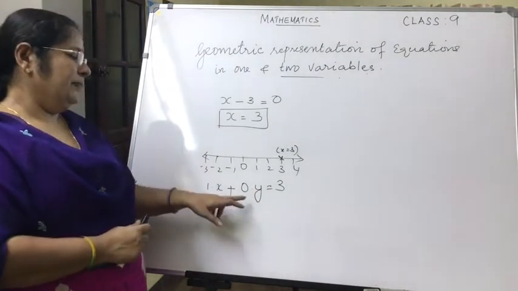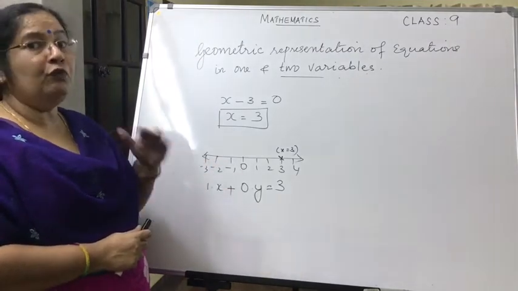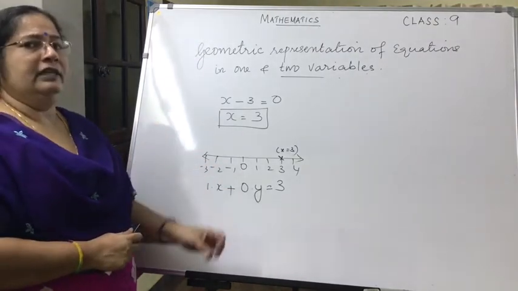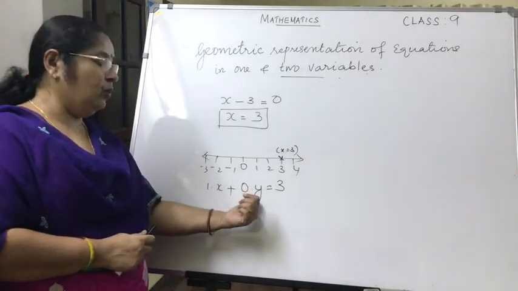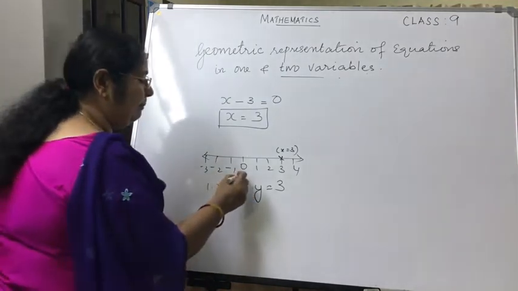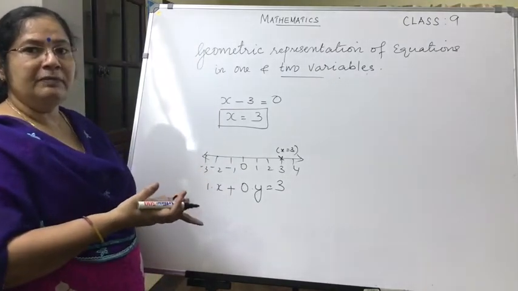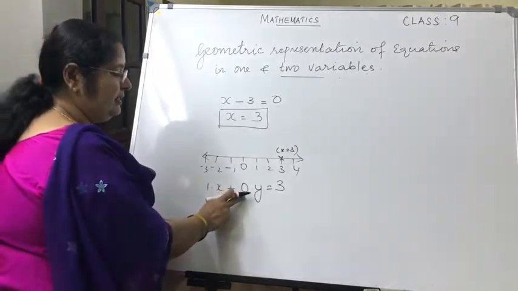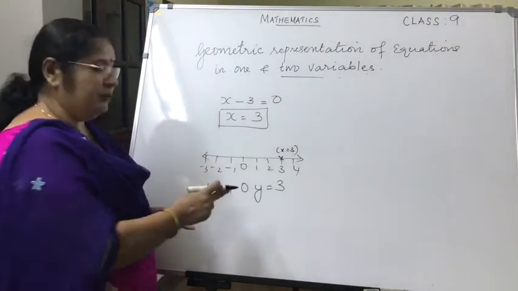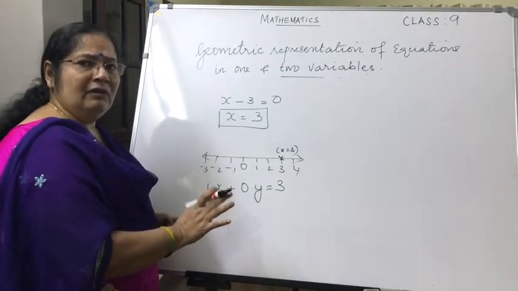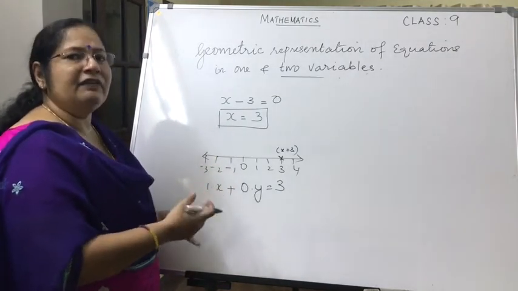But here, because it is 0 into y, whatever value you give for y, what will happen to this particular term 0 into y? Suppose I put y as 1. This will be 0 into 1, 0. Suppose I take this as minus 5. What will it be? 0 into minus 5, 0.